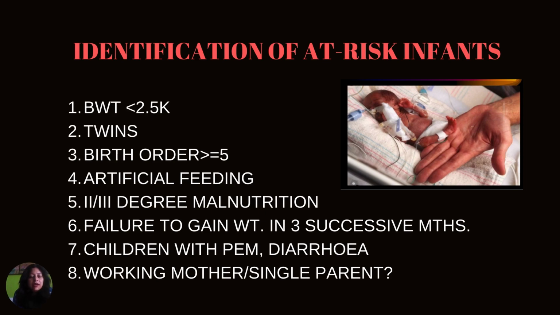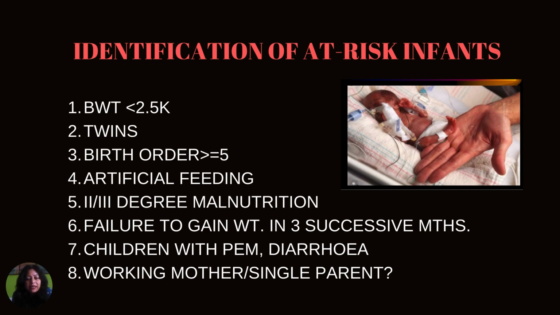Now let us look at the at-risk infant. If the birth weight is less than 2.5 kilograms, it is certainly an at-risk infant. There is low birth weight, which we will be taking up in the next class. Twins, if the birth order is equal to or more than 5.